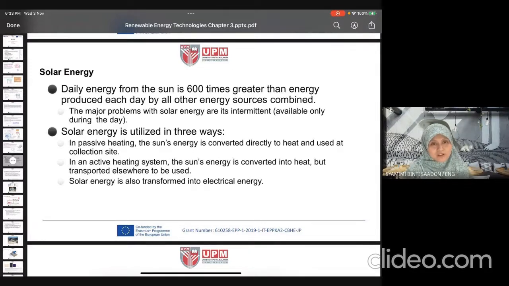The idea is to combine the solar energy source with this thermodynamic cycle, so the Rankine cycle converts the heat energy source into mechanical power or heat energy. So that is one example.